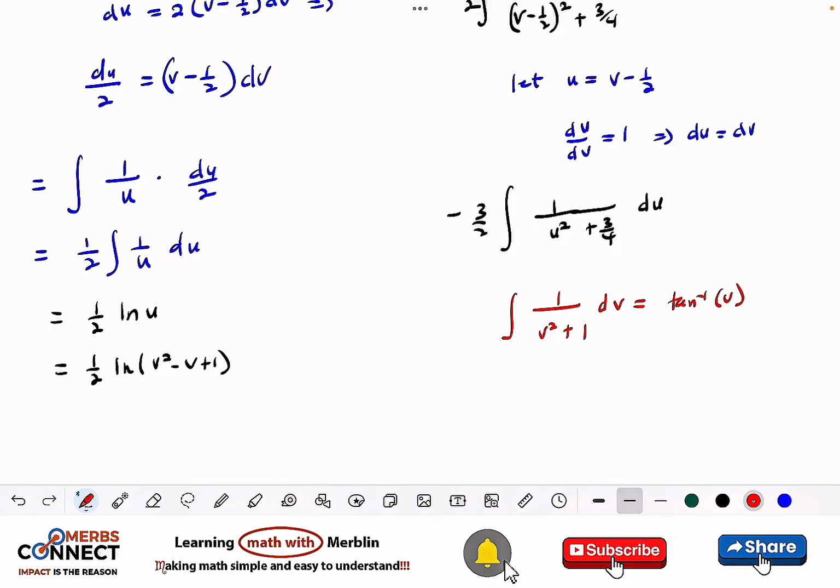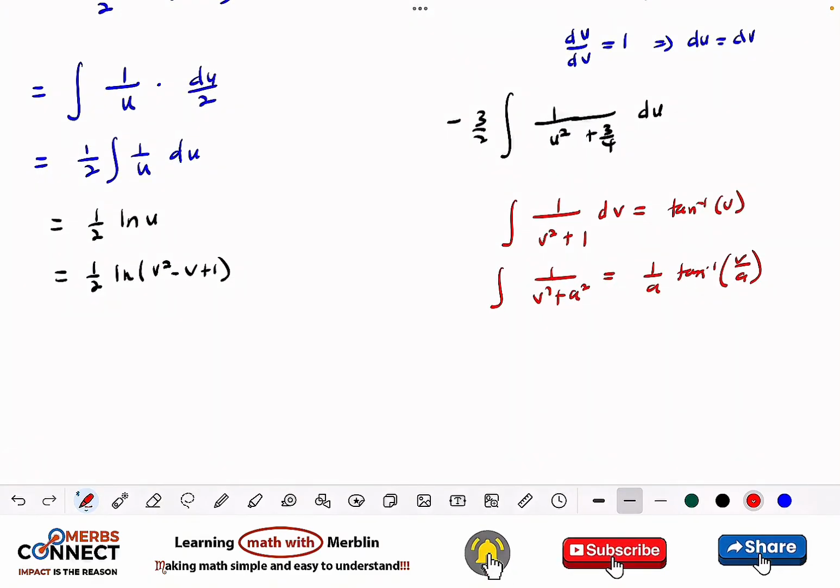But if this one is not 1 and we have something like x squared plus a squared, this is the same as 1 divided by a tan inverse of x over a. That's what we need to have in mind. So it means that we need to manipulate it so that it suits this.